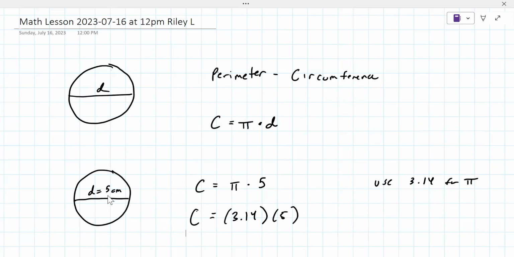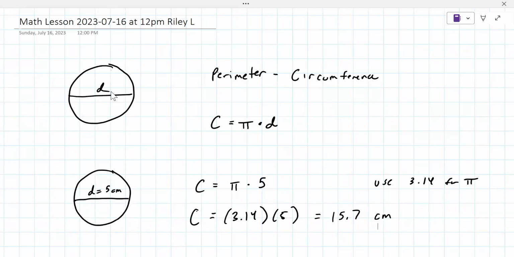So you just multiply the two together. It's 15.7, and then you need units of centimeters.